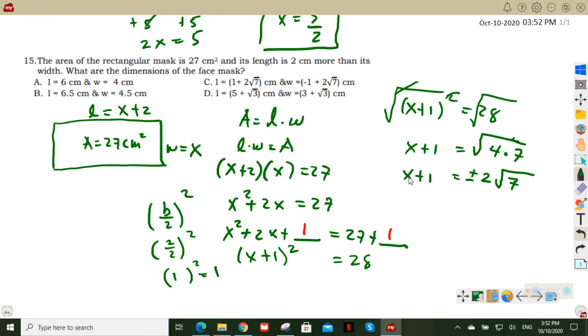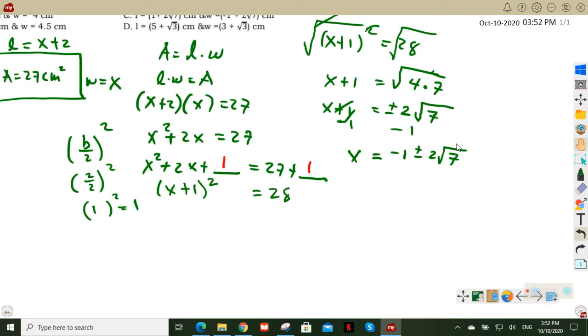I'll make sure that it's only x, so I will subtract 1. I'll subtract 1 on the other side also, so that will be x is equal to negative 1 plus or minus 2 square root of 7. Let me pan this over.